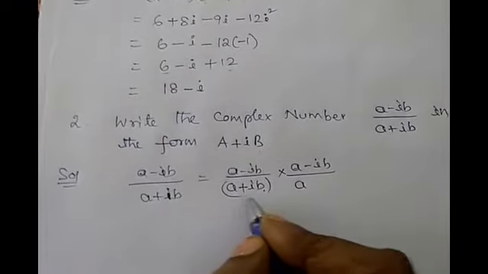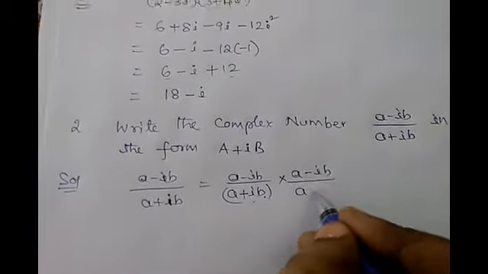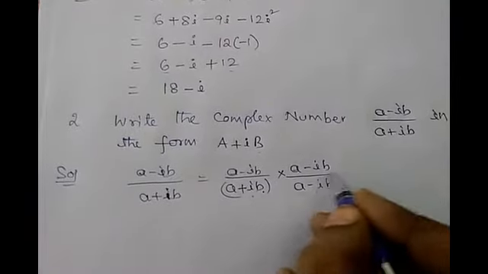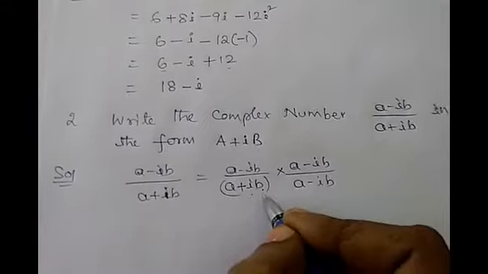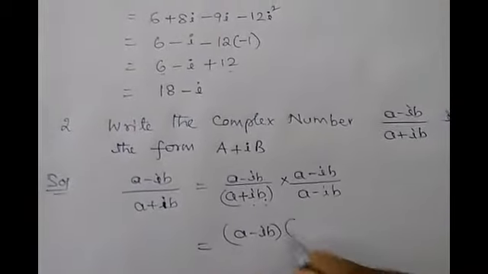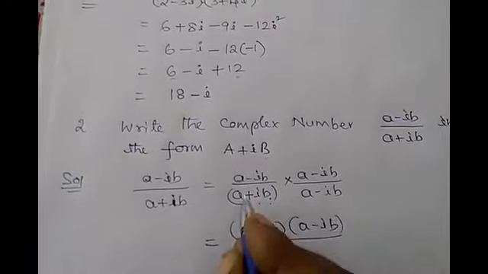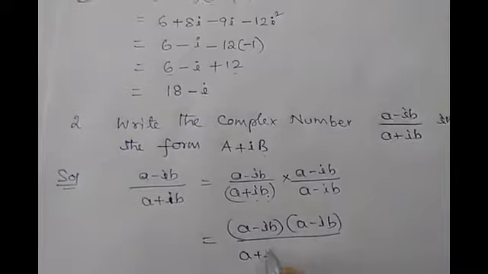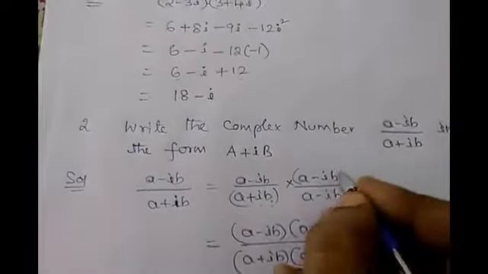So multiply numerator and denominator with the conjugate of the denominator. The denominator is a plus ib. The conjugate of a plus ib is a minus ib. Multiply numerator and denominator with the conjugate of the denominator. Now (a minus ib) into (a minus ib) by (a plus ib) into (a minus ib).